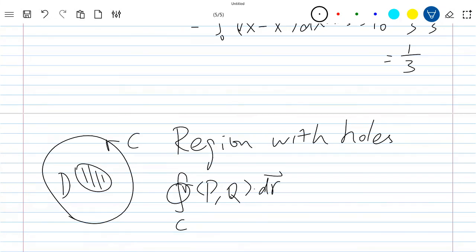But in the theorem we mentioned earlier, we need to cut this into a lot of vertical or horizontal slices, right? But now, if there's a hole in the middle, they cannot do that because, okay, by the hole I mean in this region, P, Q, undefined.